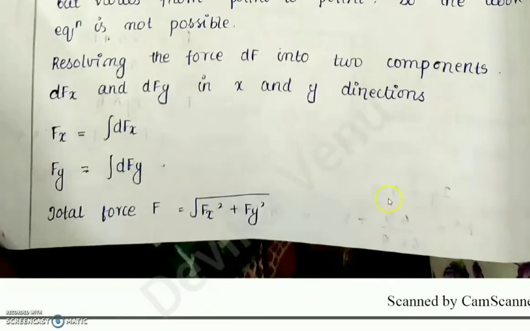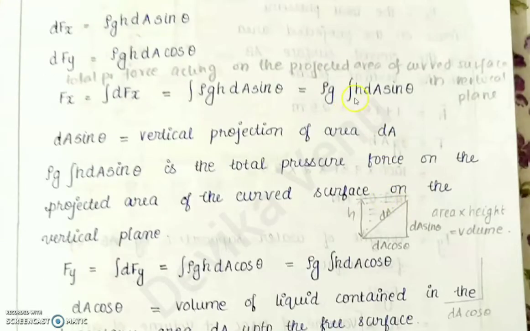So rho g integral h dA sin theta is the total pressure force on the projected area.